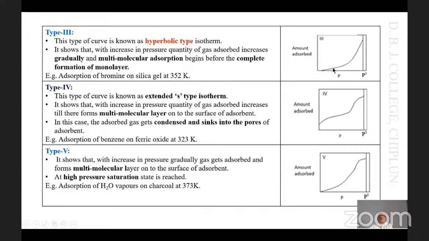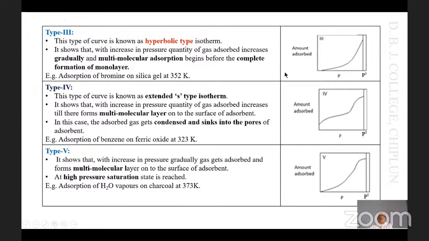This type of curve is known as a hyperbolic type isotherm. It shows that with increase in pressure, the quantity of gas adsorbed increases gradually, and multimolecular adsorption begins before the complete formation of the monolayer.